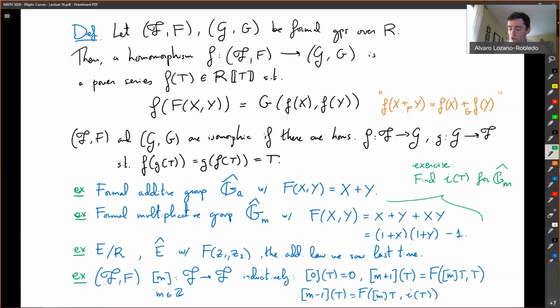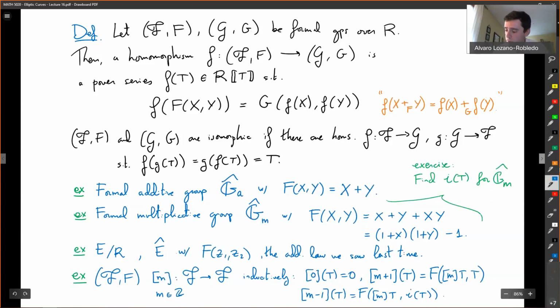Okay, find what is supposed to be the inverse there. Using that definition, you should be able to figure it out. Okay, so we have multiplication by m maps, and then there might be other homs that we're interested in.